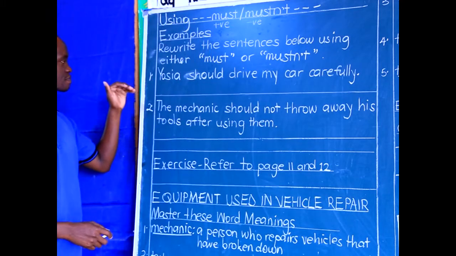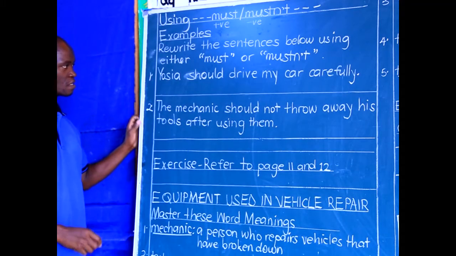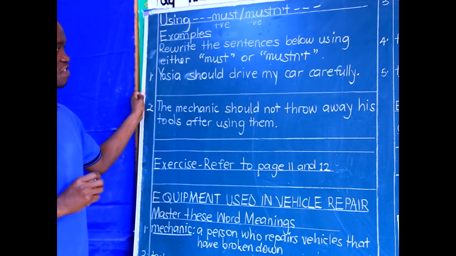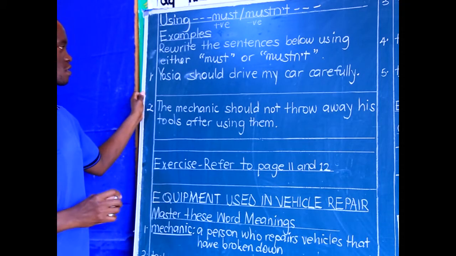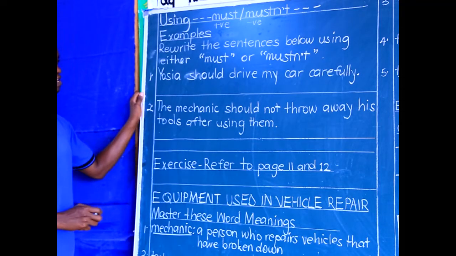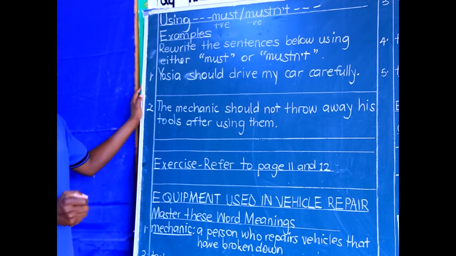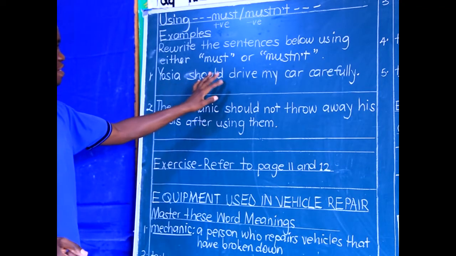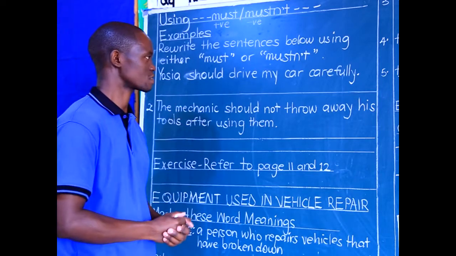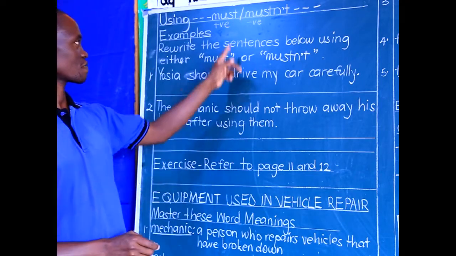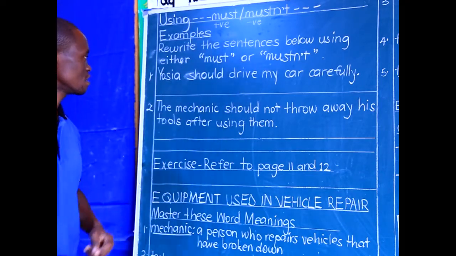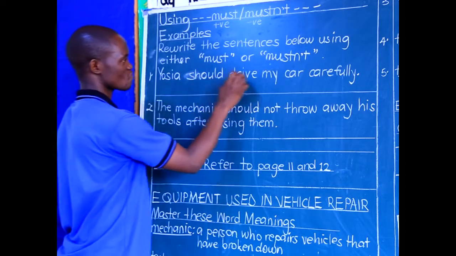So we have our example one as, Yosia should drive my car carefully. Is it affirmative or negative? Let me see, is there any word like not? Nowhere to be seen. Meaning our sentence is affirmative. So, Yosia should drive my car carefully.